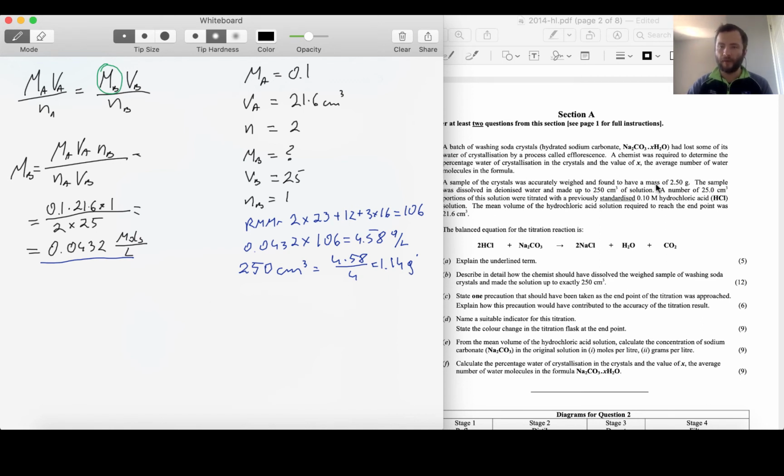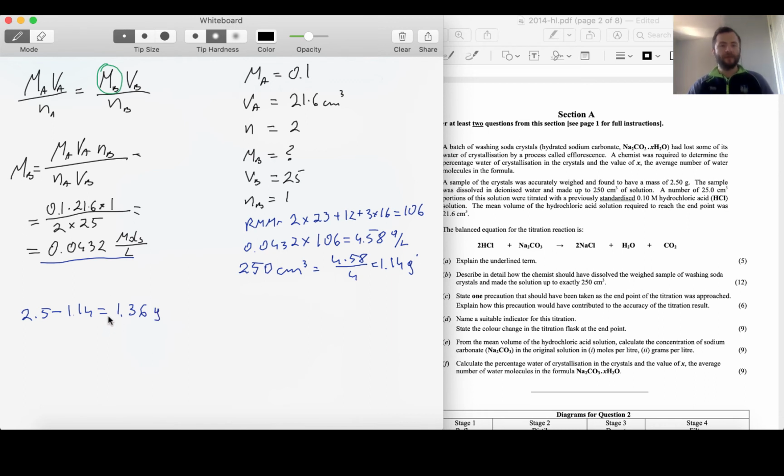However, the problem tells me that the sample that was dissolved in 250 cubic centimeters weighs 2.5 grams. So the difference between the mass of the sample and the mass of sodium carbonate in that sample is the mass of the water. So 2.5 minus 1.14 equals 1.36 grams.